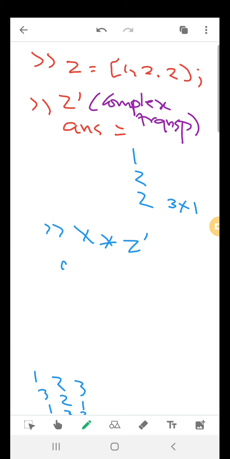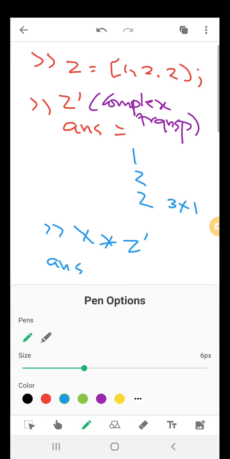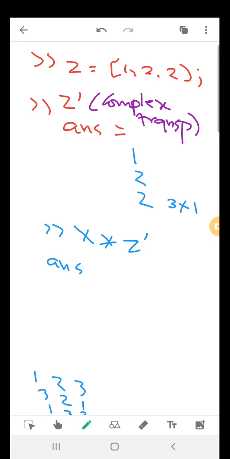So the answer will be 1 into 1, 1, plus 2 into 2, 4, and then 2 into 3, 6.